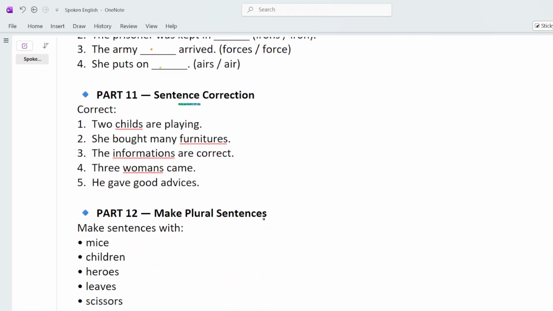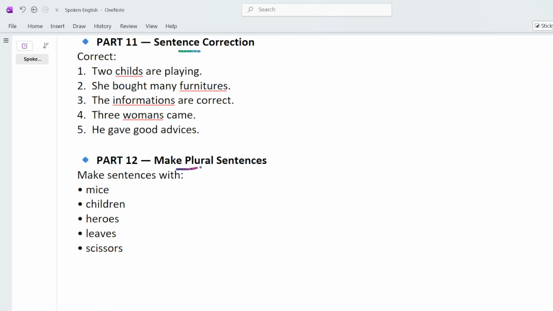It's very important. Now, make plural sentences on your own using mice, children, heroes, leaves, and scissors. Make sentences and make sure that you're writing them somewhere. Don't make sentences just by thinking about them. Please don't do that. I want you to make sentences, write them down and pronounce them as well. Also, another trick I shared with you.